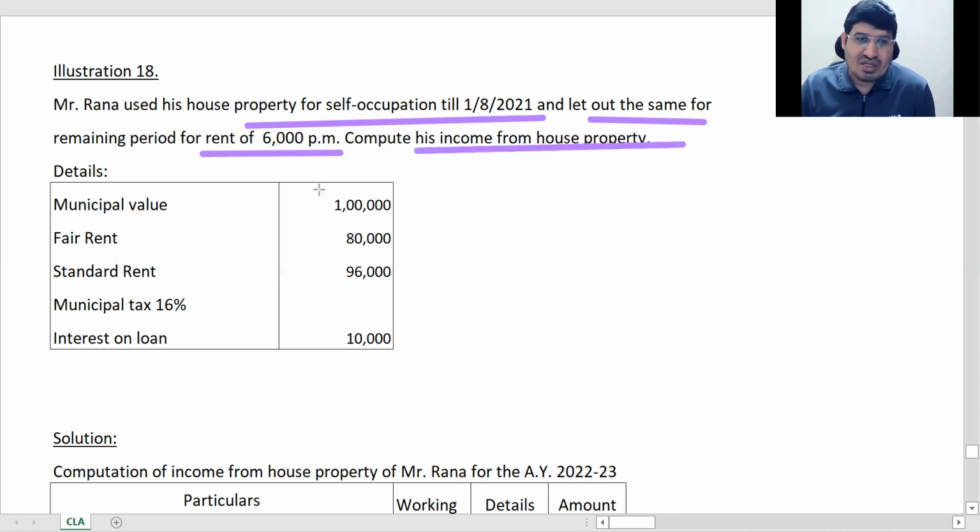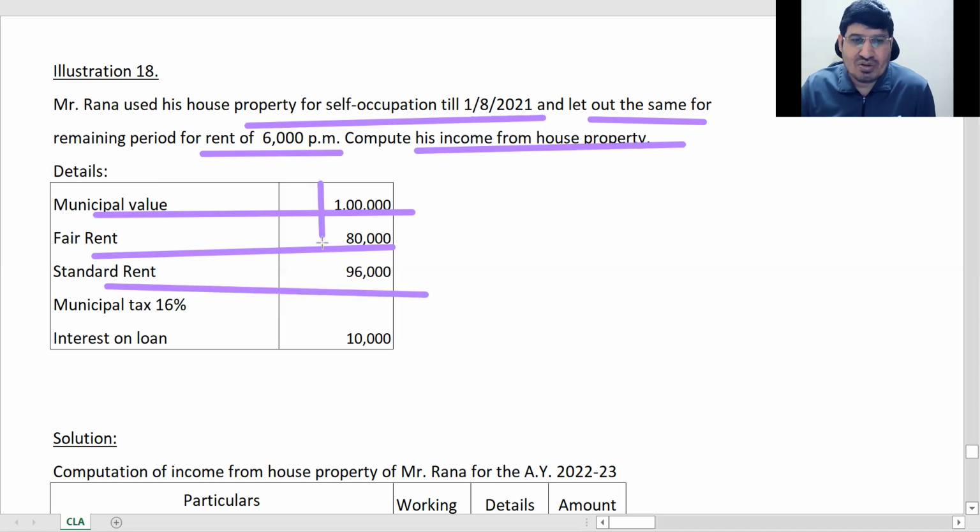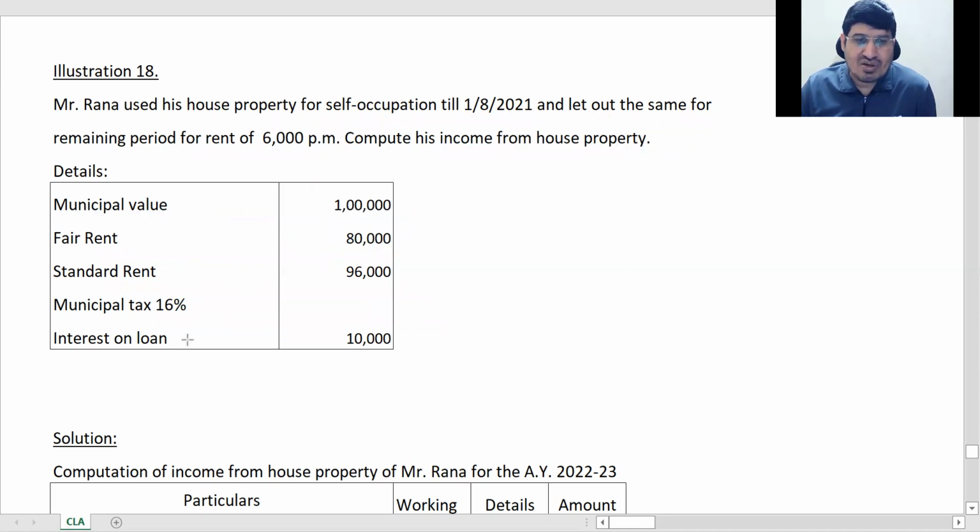Compute income. Details are municipal value, fair rent, standard rent, the whole thing you will take. Higher of these two is 80,000, so up to a maximum of this, 80,000 will be your RER. And municipal tax is 16%. 16% on this will be 16,000, and interest on loan is 10,000.